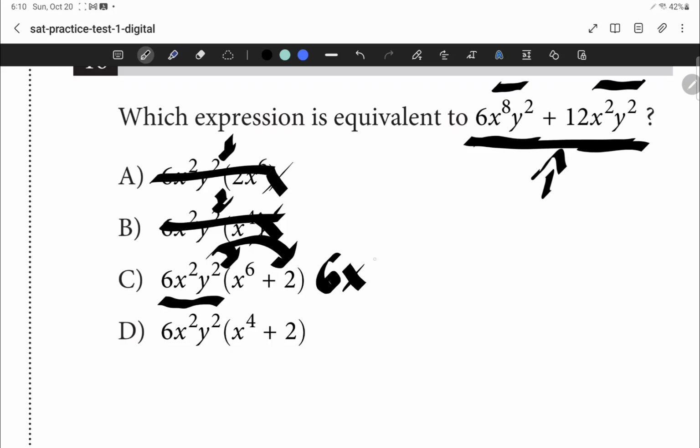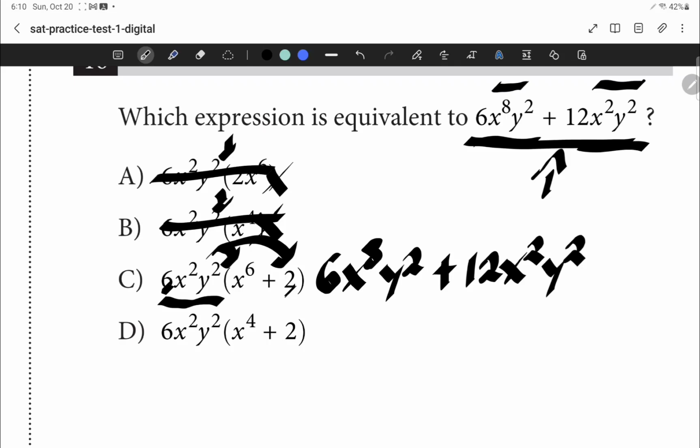Then we multiply 6 times 2, which gives 12 x squared y squared. Is that the same thing on the top? Yes, we're done. That is my answer.